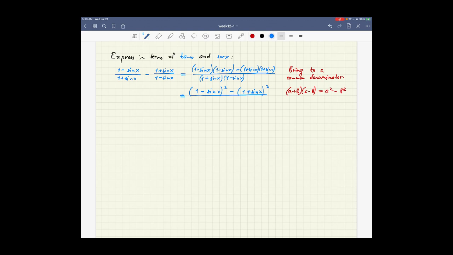So I can write the denominator as 1 squared minus sine squared.